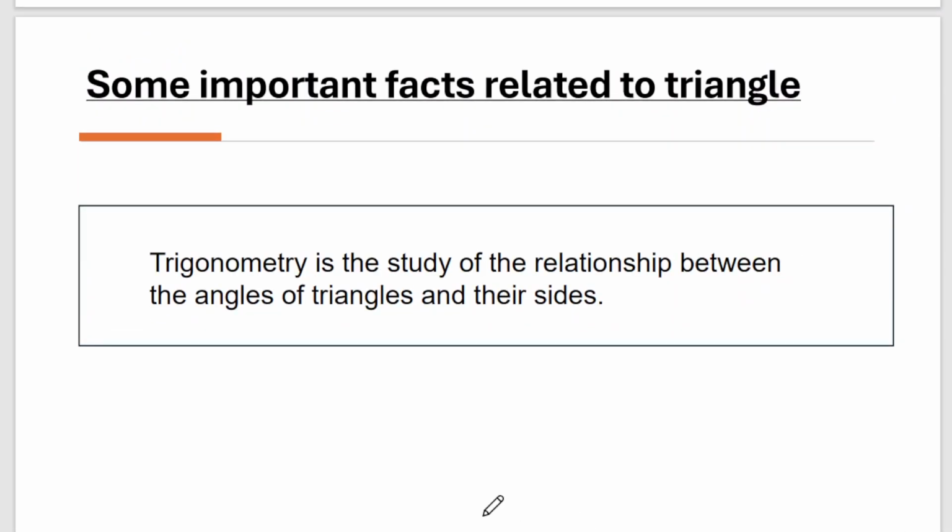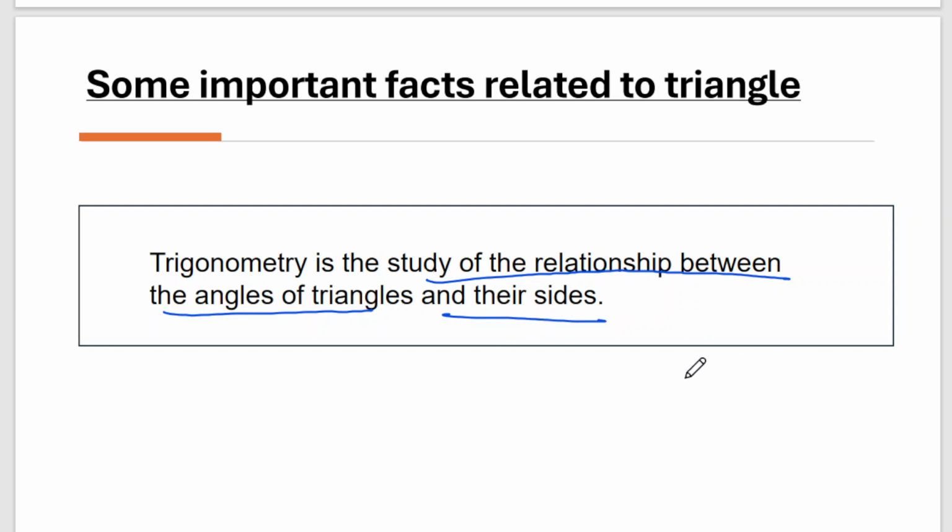when you study trigonometry in a later class, you will come to know trigonometry is nothing but the study of the relationship between the angles of the triangle and their sides. Okay. So in trigonometry, we generally study the relationship between the angles of a triangle and their sides.